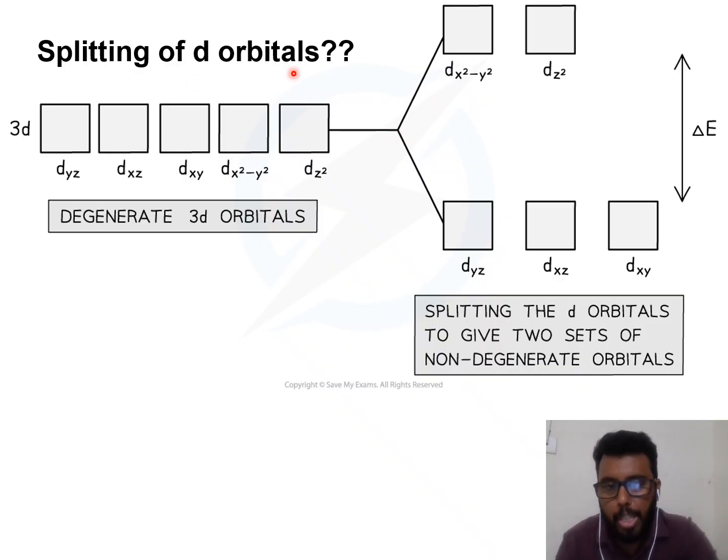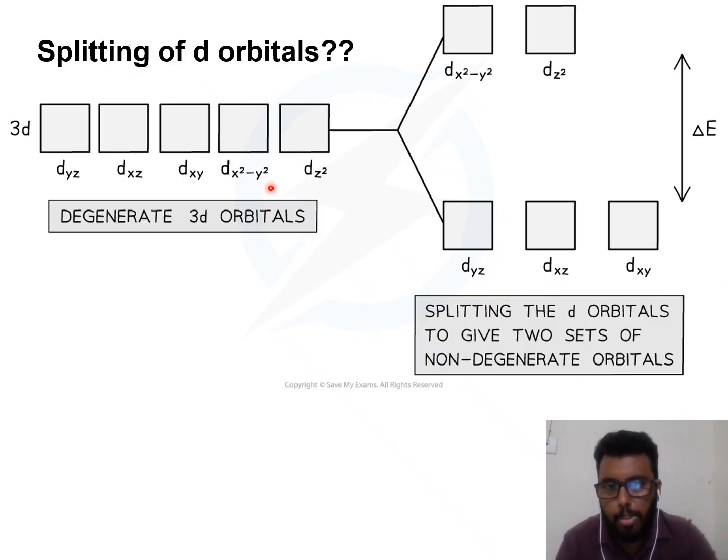Why? When the ligand orbitals are approaching the metal ion, there is an electrostatic repulsion between the electronic cloud in the metal ion orbital and the ligand orbital. We should be clear with this one: only purely electrostatic repulsion. Okay, so these three orbitals' energy are lower: dyz, dxz, and dxy.